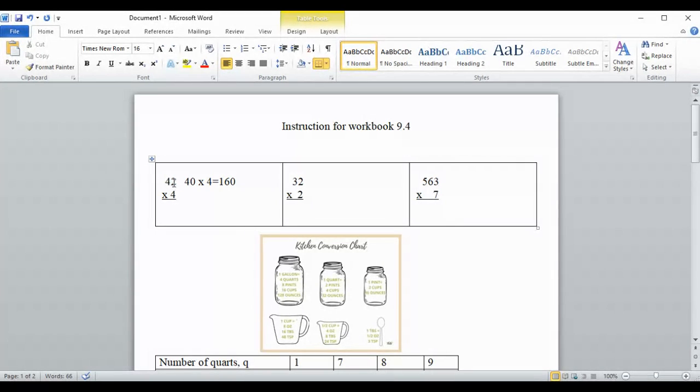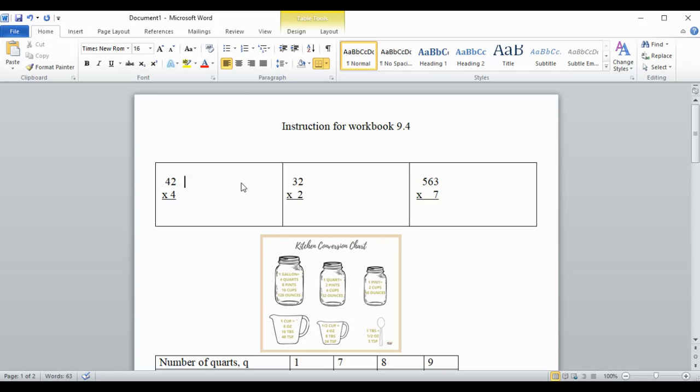So they want you to see that when you multiply, this is going to be somewhere close to 160. And if you get some number that's way off, then you should know, somewhere I made a mistake.